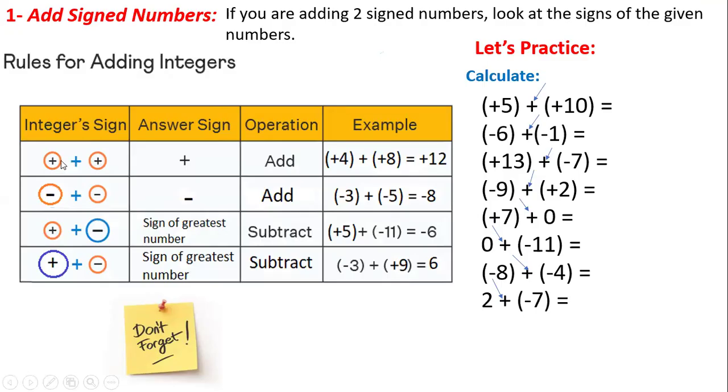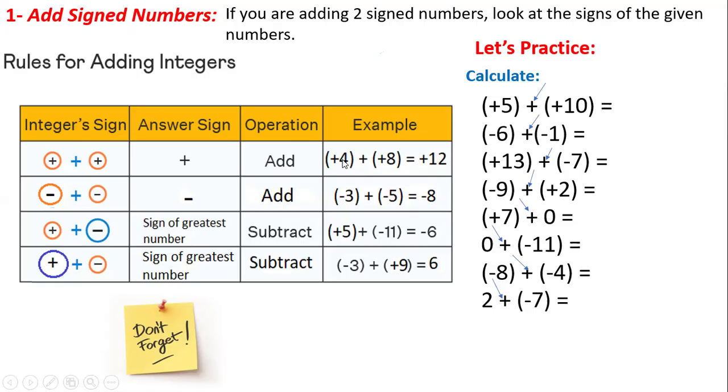As you see in this table, these are the rules for adding integers or signed numbers. Rule number one, if we are adding two positive numbers, the sign of the first number is positive, the sign of the second number is positive. The sign of the answer will be positive and we add both numbers.